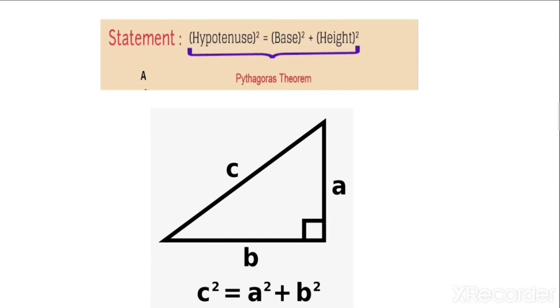This is known as the Pythagoras theorem. So in this figure, the 90 degree is opposite to C, that means C is the hypotenuse, and the other two, A and B, are my perpendicular and base. So in that scenario, C squared equals A squared plus B squared. This is the Pythagoras theorem.